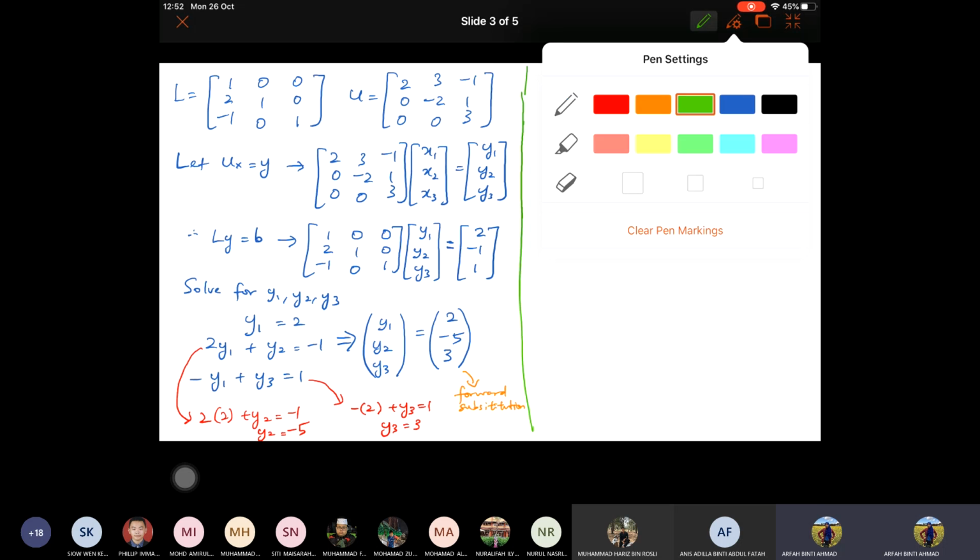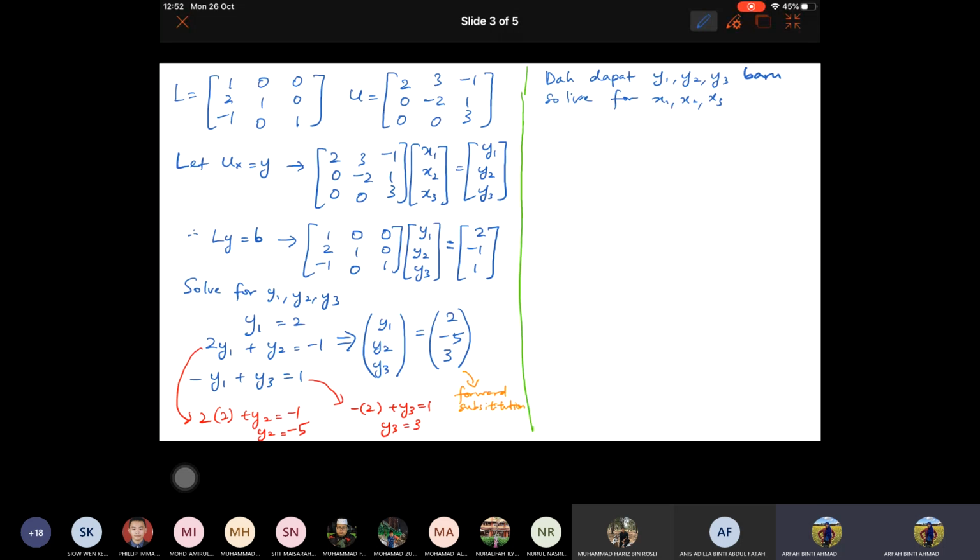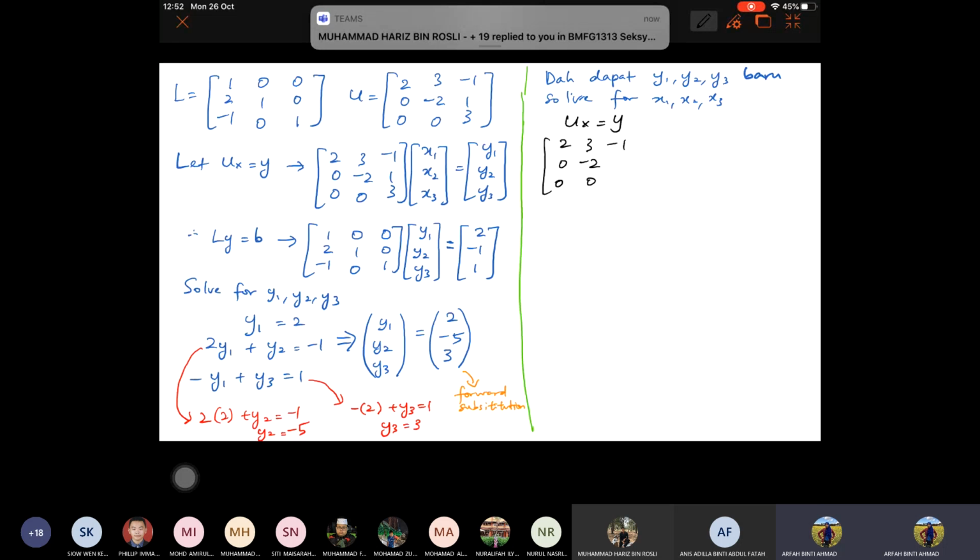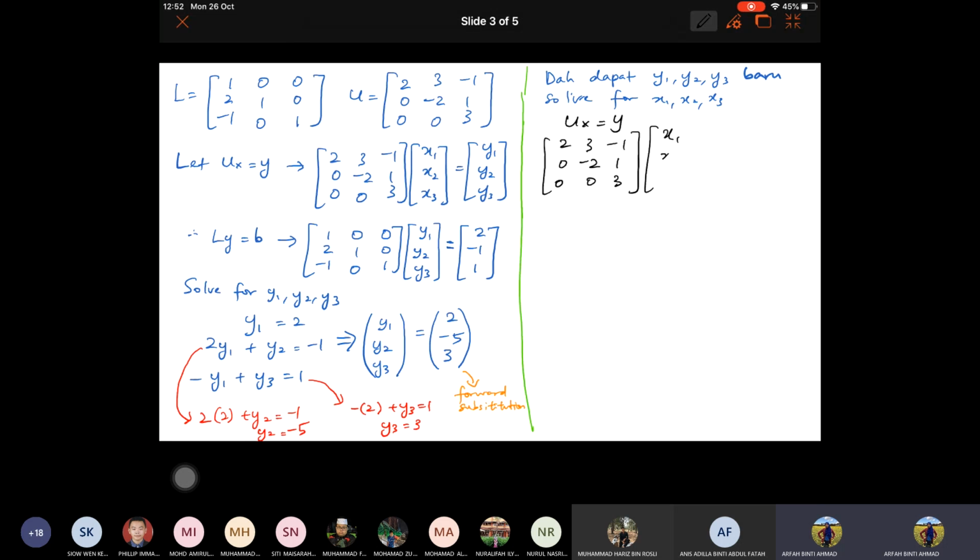Yang ini awak dapat daripada persamaan UX sama dengan Y. So 2, 0, 0, 3, negatif 2, 0, negatif 1, 1, 3 darabkan dengan X1, X2, X3 sama dengan Y1, Y2, Y3 awak tadi adalah 2, negatif 5, 3. Okay.